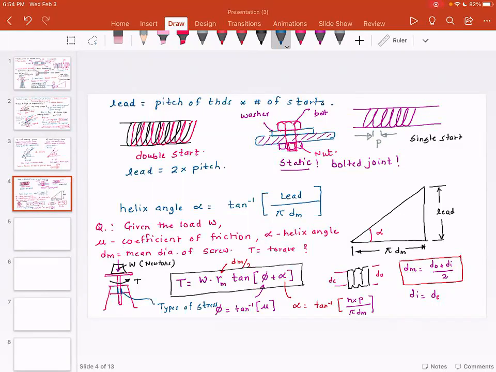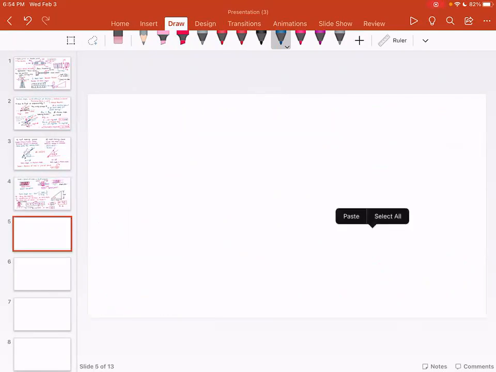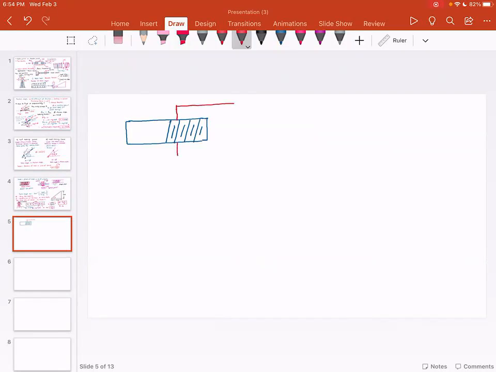So first and foremost, let's start with a very simple case. I'm going to try to draw a power screw horizontally. So this is the power screw, and I'm drawing this horizontally. And I'm going to show you the nut that is assembled on the other side.